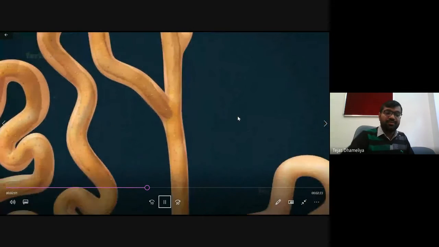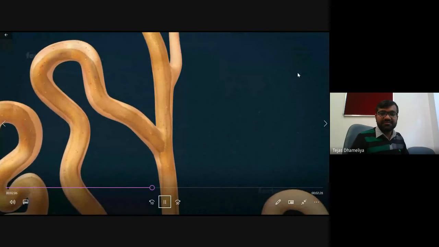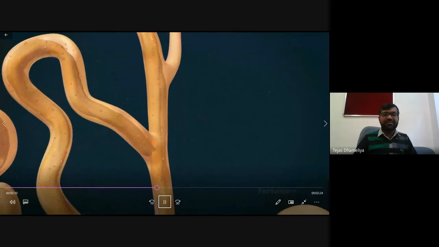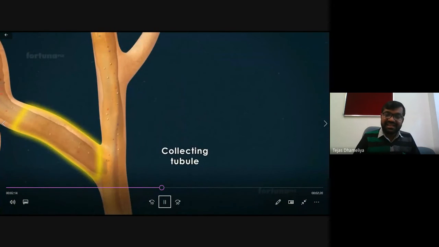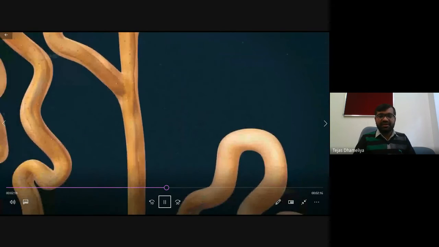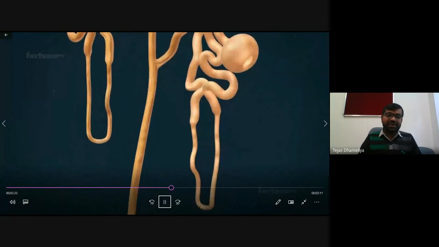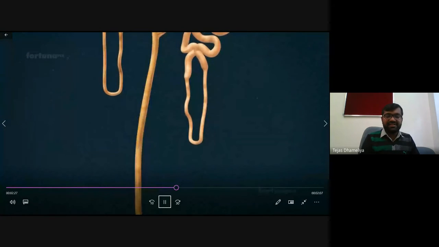Ascending means going up. And this is a portion which is called distal convoluted tubule, and distal convoluted tubule will be in contact with collecting tubes, collecting duct, collecting tubule. And all these collecting tubules of 1, 2, 3 nephrons will enter into this duct of Bellini.